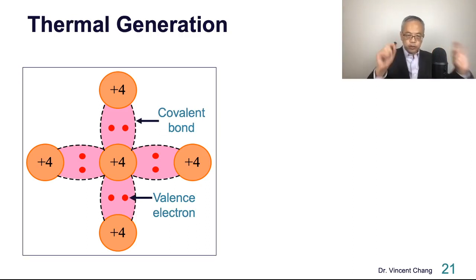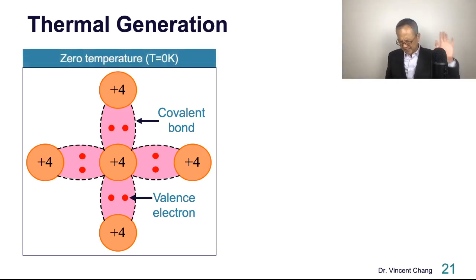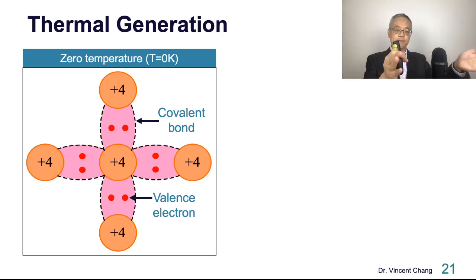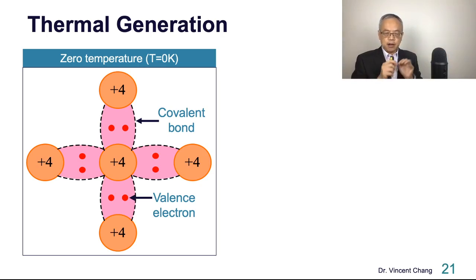Okay, so at the room temperature, this is what we see at the absolute zero. At absolute zero temperature, all right? So this is what we see. What does that mean? All the bonds are occupied.